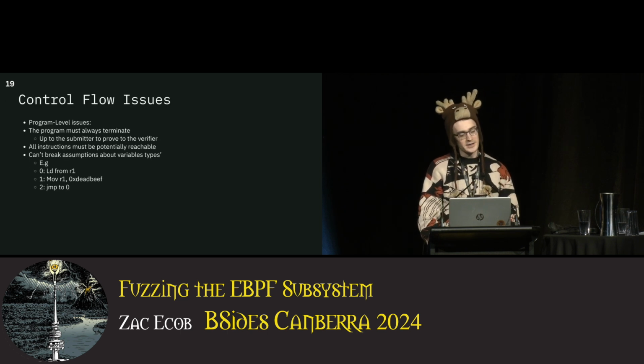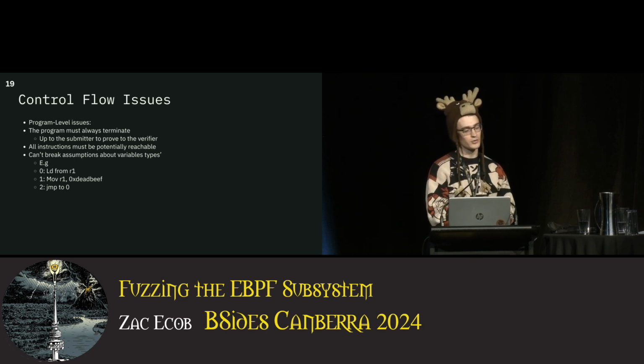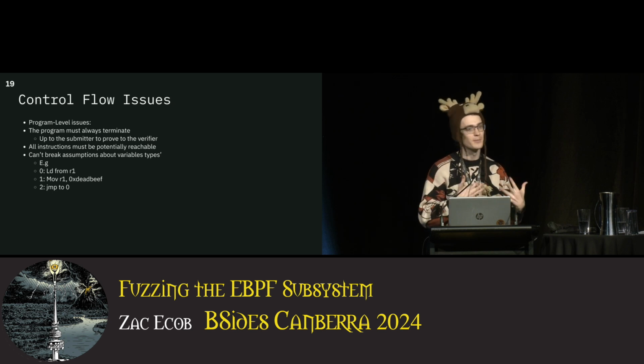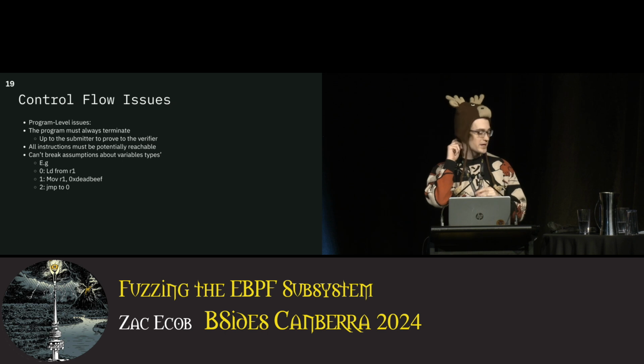But onto the harder issues, the program level issues. The first one is that the program must always terminate. Now, I regret to inform you, the verifier did not solve the halting problem. The onus is on the submitter to prove to the verifier that their program terminates, and it can be reasoned about in an automatic manner. The next thing is that all instructions must be potentially reachable.